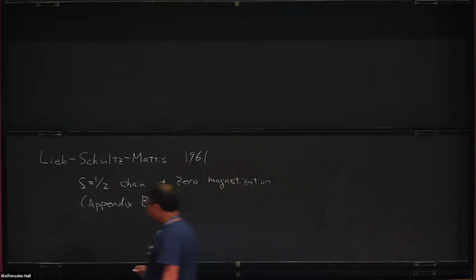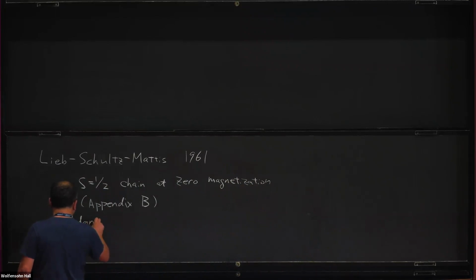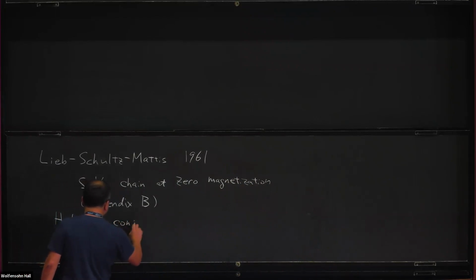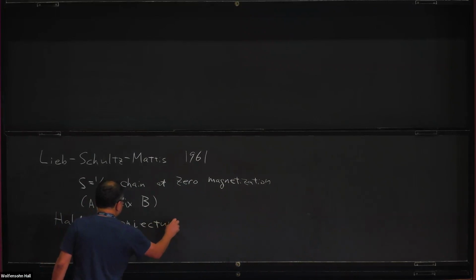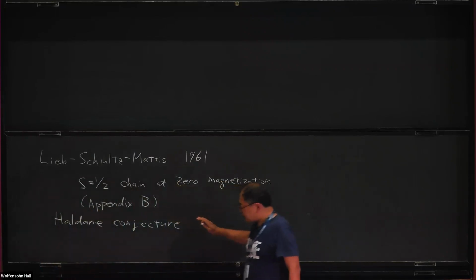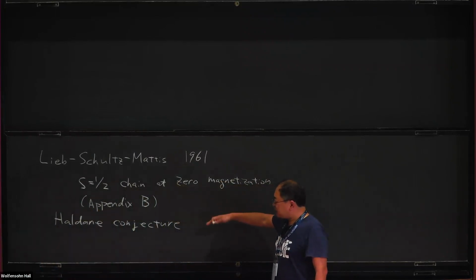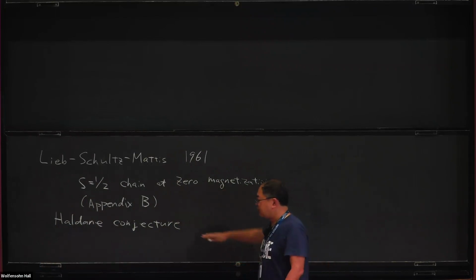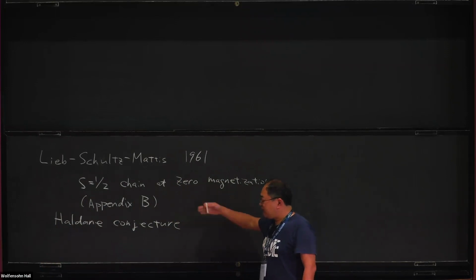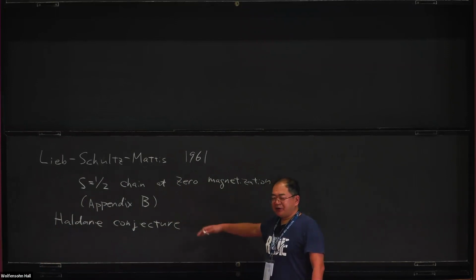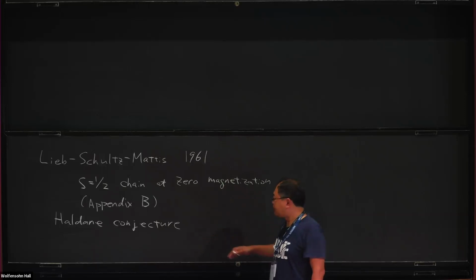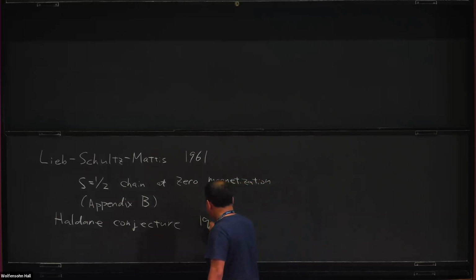But then there's the famous Haldane conjecture. Although Haldane's original work did not directly discuss the Lieb-Schultz-Mattis theorem, he found a fundamental difference between integer spin chains and half-odd-integer spin chains. And that was back in '81.